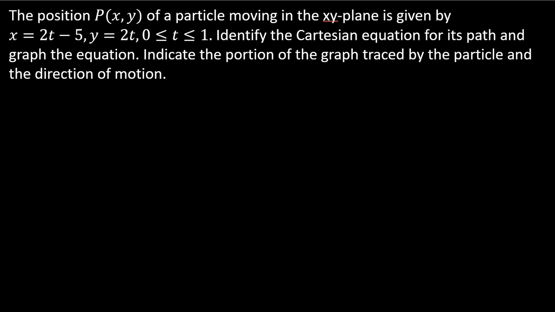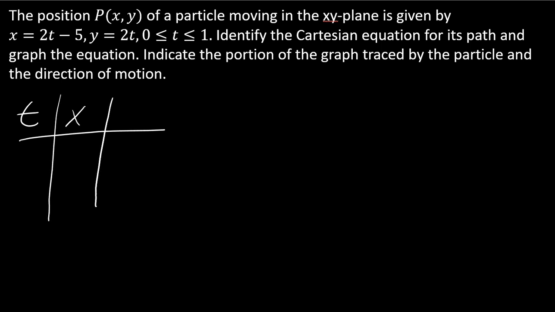But to me, I like to first set up a table. And I don't need all the t values in this case. I just need enough information to know where I'm going to start and stop in this case. So I'm just going to set up 0 and 1.